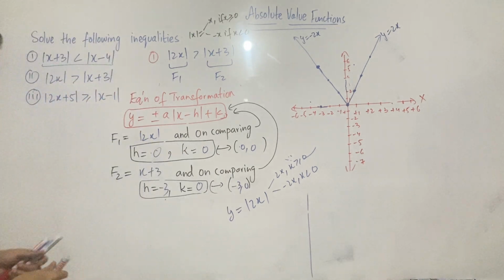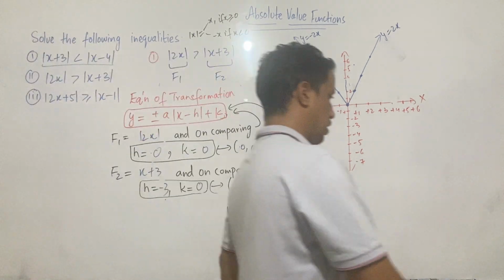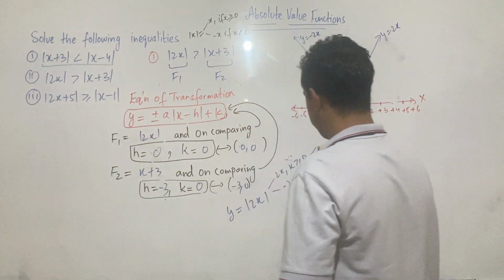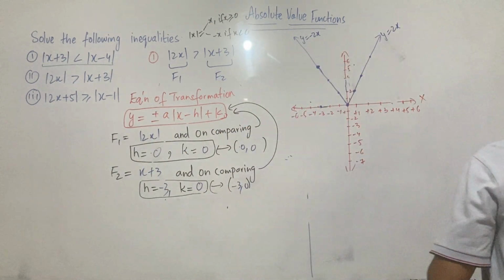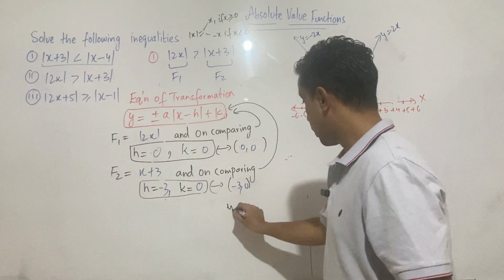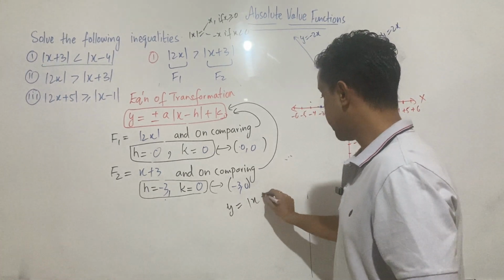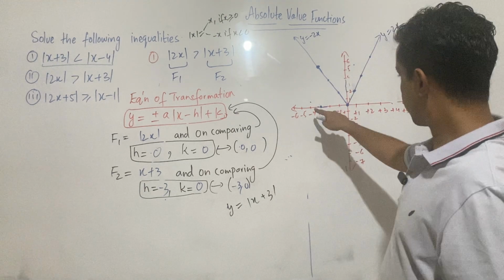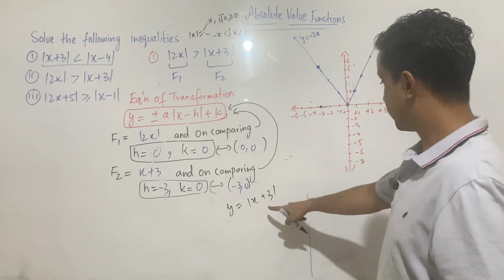Now let's take the other function, x plus 3, which we did before in the previous question. Y equals the absolute function x plus 3. So the vertex will be formed here.